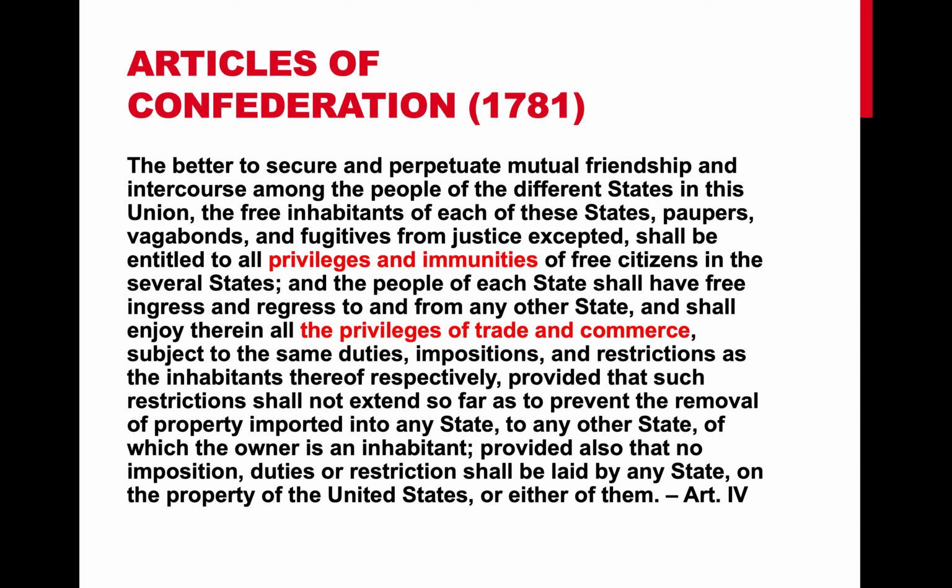And the people of each state shall have free ingress and regress to and from any other state, and shall enjoy therein all the privileges of trade and commerce, subject to the same duties, impositions, and restrictions as the inhabitants thereof respectively, provided that such restrictions shall not extend so far as to prevent the removal of property imported into any state to any other state of which the owner is an inhabitant, provided also that no imposition, duties, or restrictions shall be laid by any state on the property of the United States, or either of them."